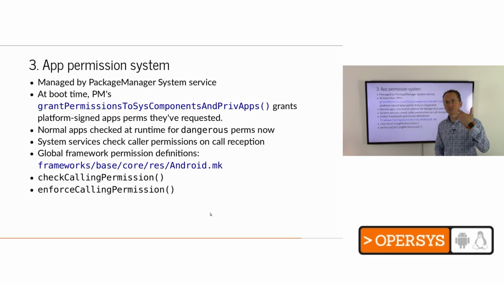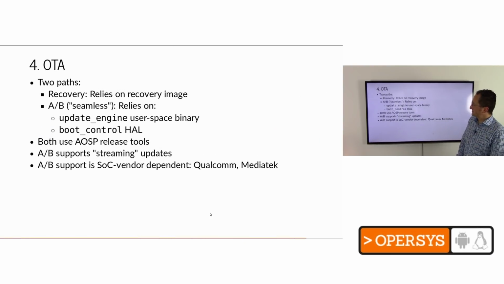So when a system service gets a call, it can check whether the remote app has permissions to actually do the operations it is going to be doing. So effectively here, the package manager is the main component that allows us to do permission checking, and some of this permission checking is based on the signatures which I mentioned just previously.